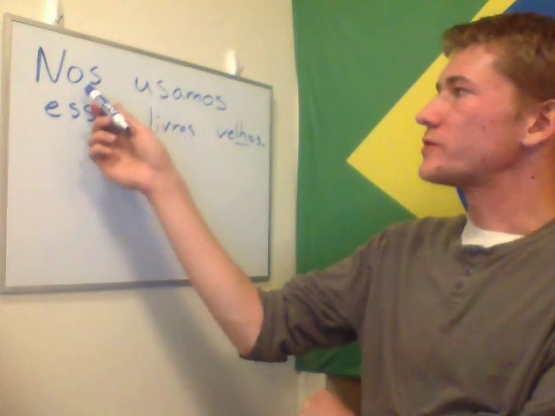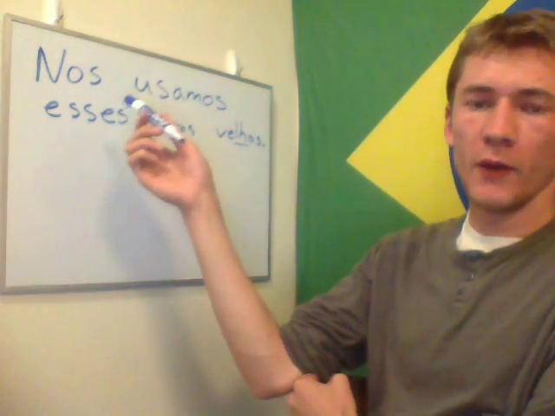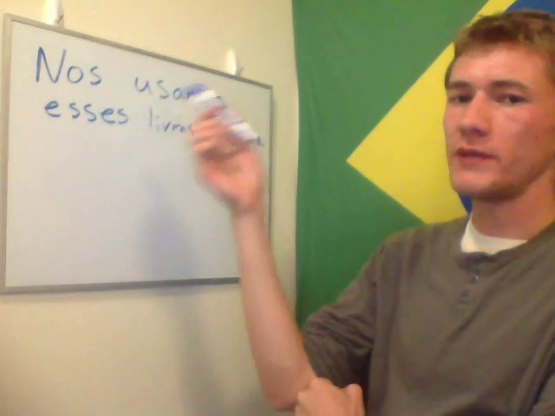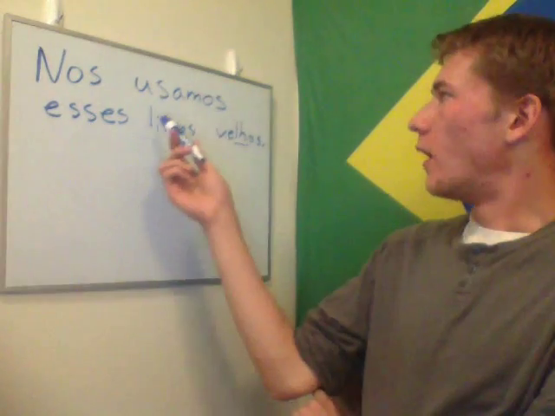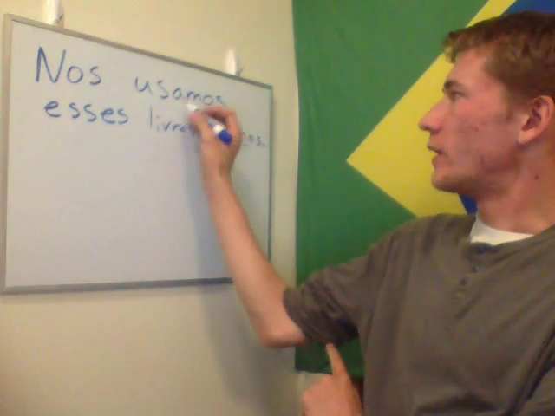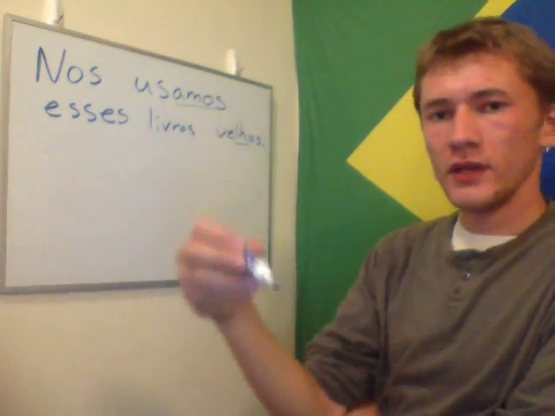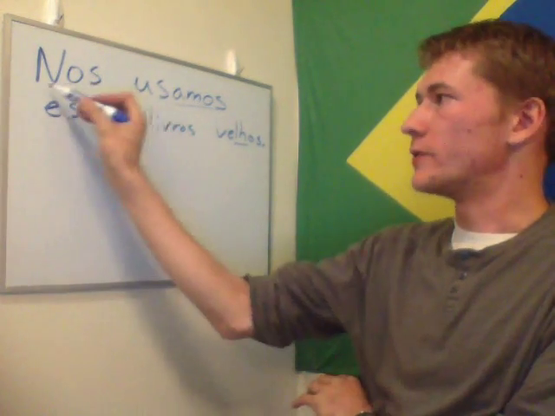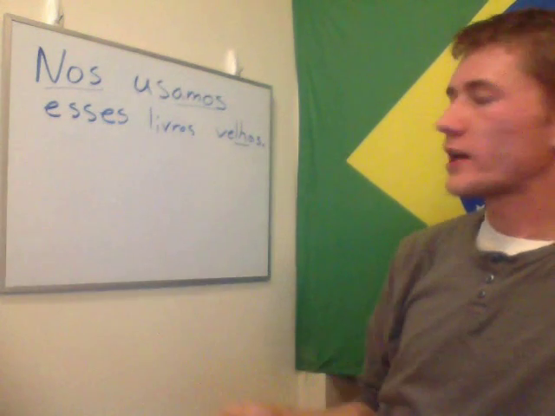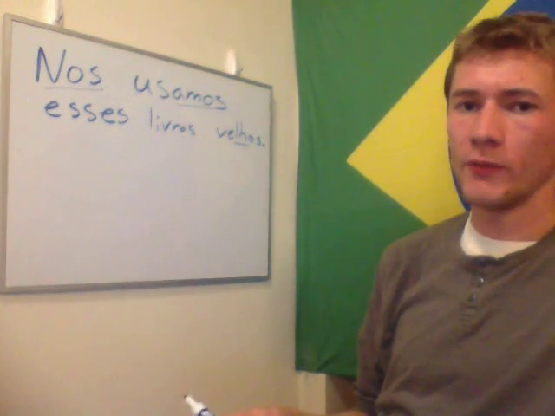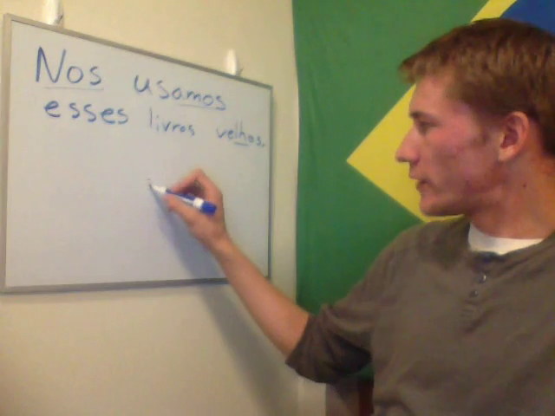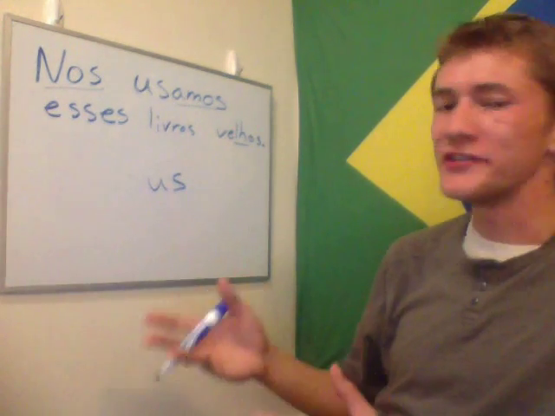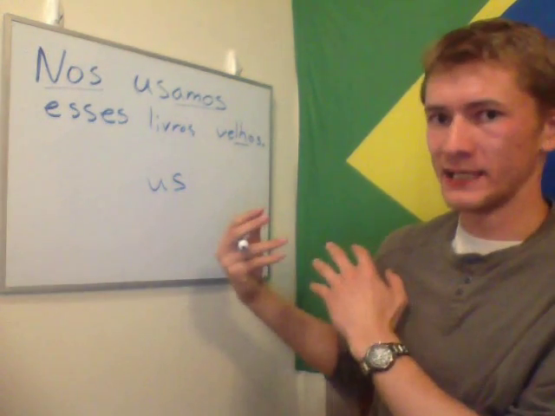So we have nós. We know that that's a pronoun, and we know that that means "we." So something is happening with "we." Also, we can look at this and we know that amos is the conjugated ending for nós. So we look at this and we're not exactly sure what the unconjugated form of this verb is, but we do know that it is at least "us," and then the ending that's been conjugated.